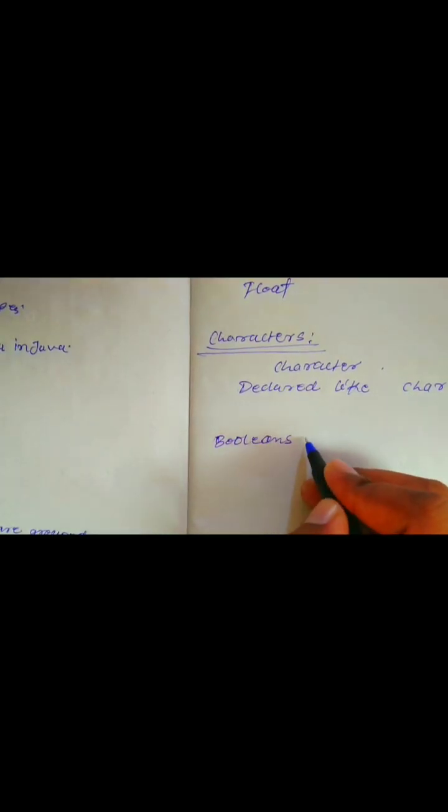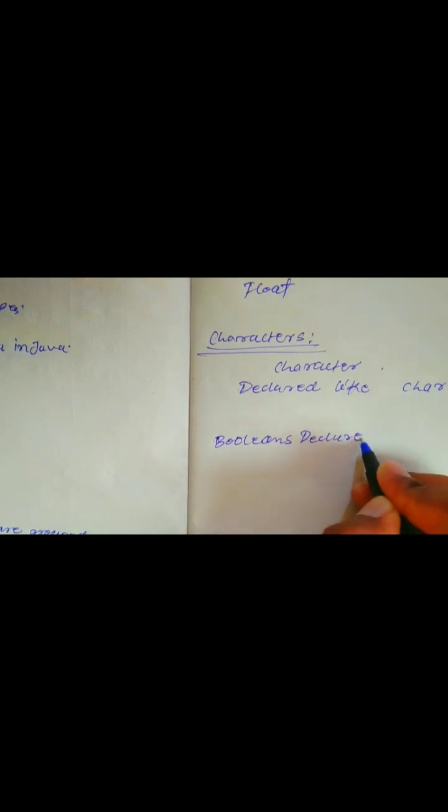Floating point numbers are double and float. Booleans are declared like boolean b, and booleans are used for logical values like true and false.